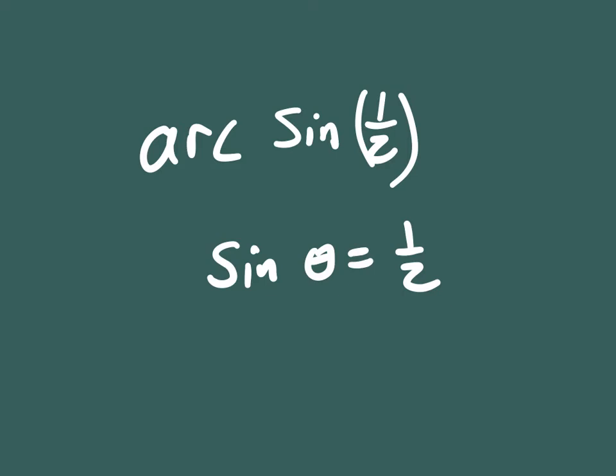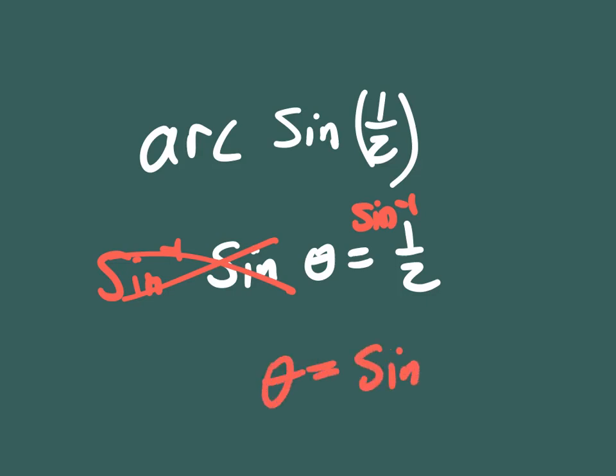And arc sine, by the way, means the exact same thing, except usually it means you should do it in radians, okay? It means the exact same thing as sine with a little -1. So I'm going to write it this way too. If I say sine -1, and I do it to both sides, that's inverse sine, okay? And that's canceling this out, and there I have it again. That theta, my angle, will be the inverse sine of 1/2.